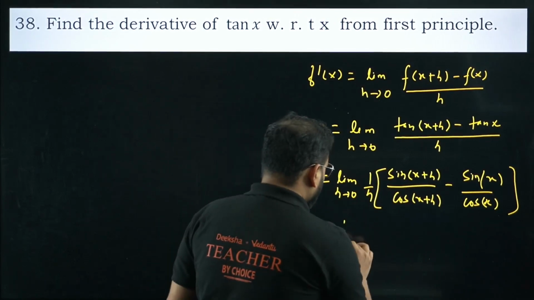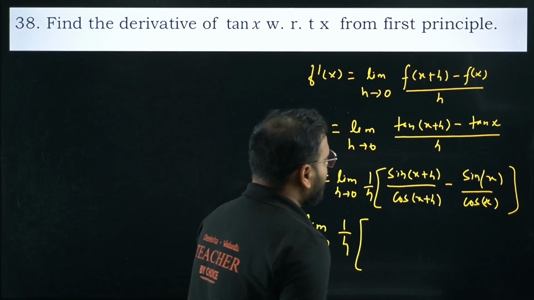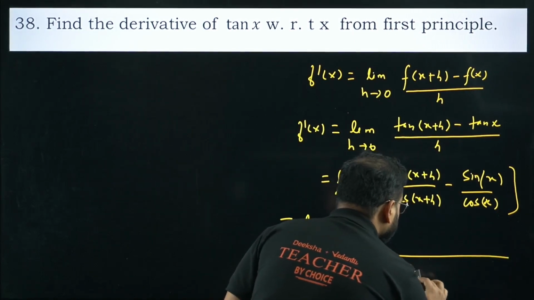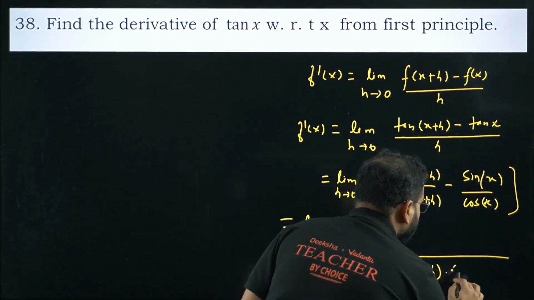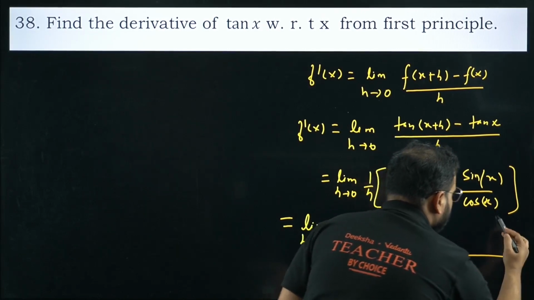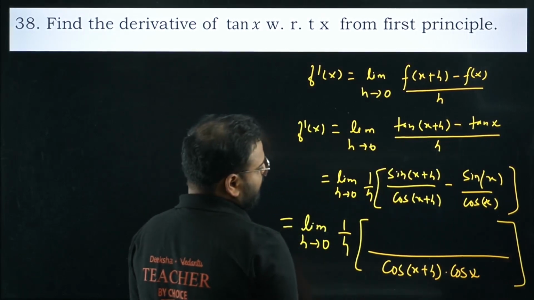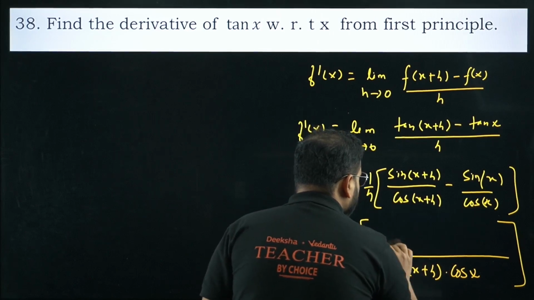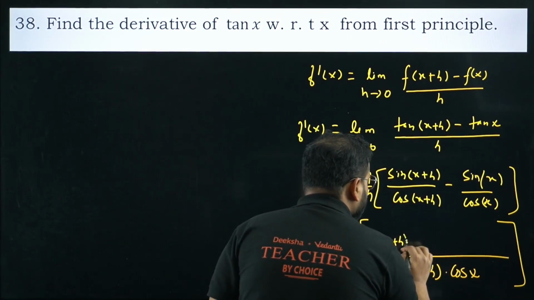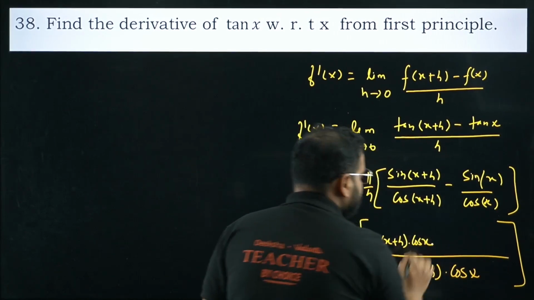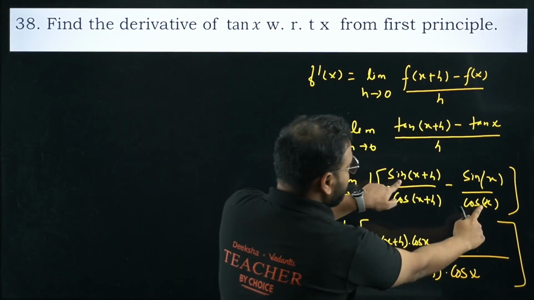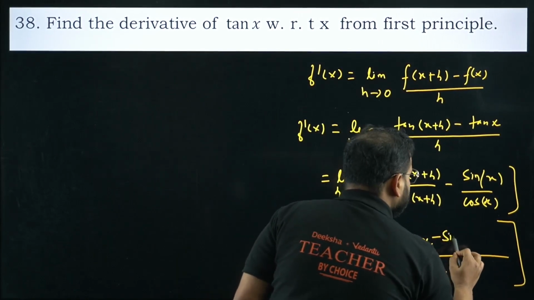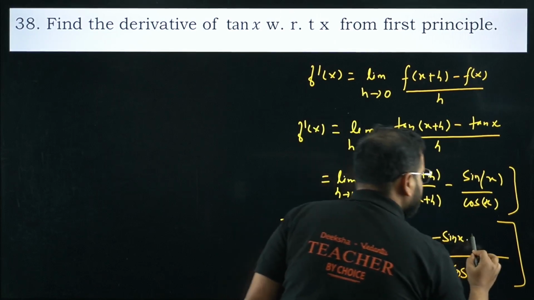So we have 1 by h over here. Take the LCM now. The LCM will turn out to be cos of x plus h times cos of x. What about the numerator? We'll have sine times cos right here: sine of x plus h times cos x, and next we'll have minus sine of x with cos of x plus h.